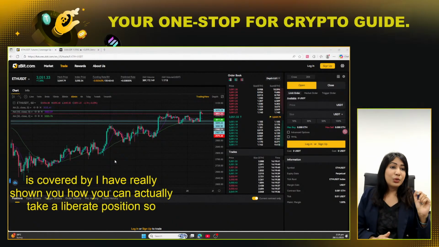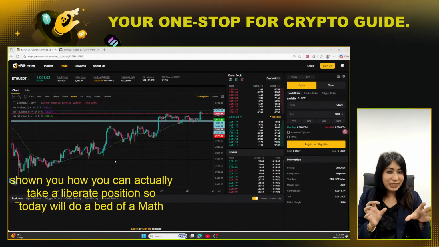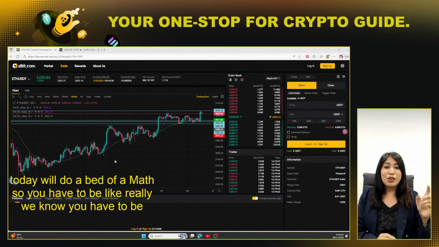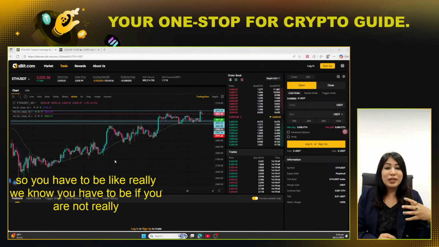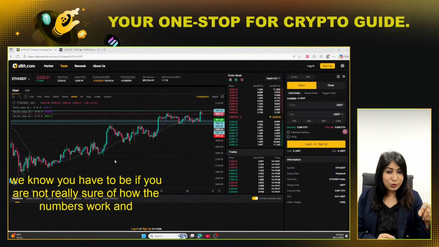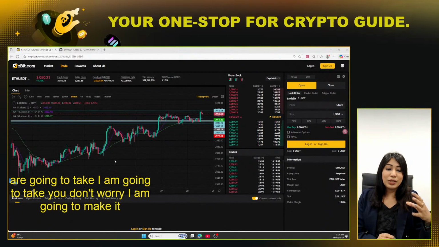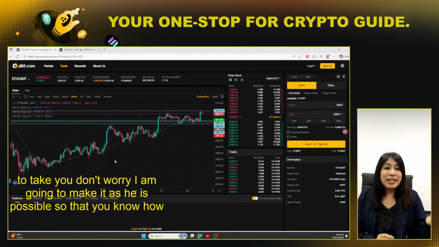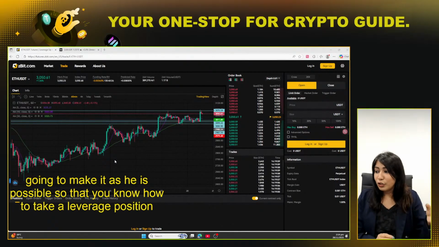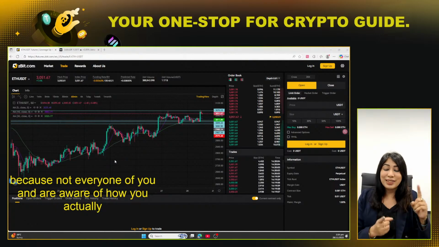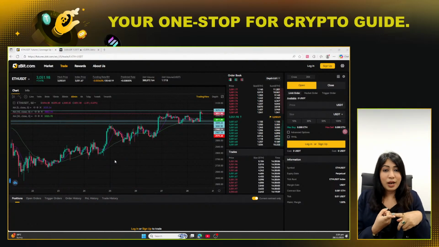So today we'll do a bit of math. You have to be really quick with your numbers. If you're not sure how the numbers work, I'm going to take you through it and make it as easy as possible, because not every one of you is aware of how to take a leverage position. That is something we are going to cover.